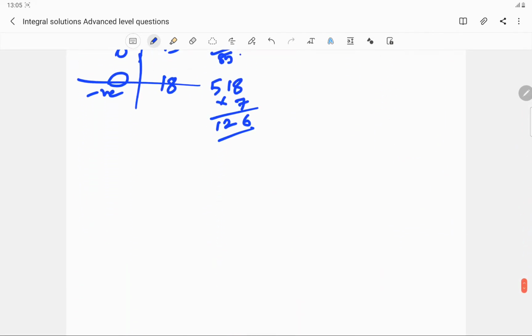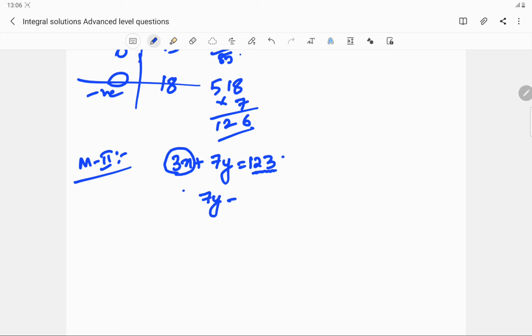Now the optimal way to solve this question: the given equation is 3x plus 7y is equal to 123. Take the portion that is the factor of k to the right hand side.